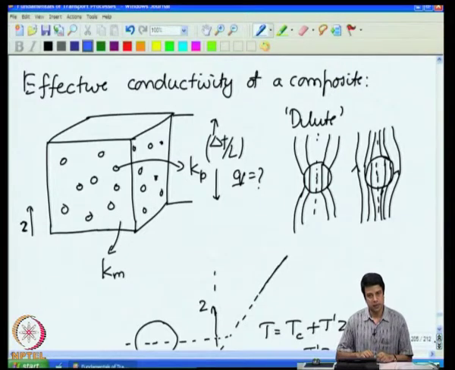If we had just a particle in an infinite medium, one would expect that this disturbance would be significant over a distance comparable to the particle radius itself. Therefore, if the distance between particles becomes large compared to the radius of a particle, the disturbance in the temperature field due to one particle will not significantly influence the temperature field around another particle. And therefore, we can solve for the temperature field due to a single particle alone and then use statistical averaging to get the effective conductivity of the composite. That was the procedure that we used in the last lecture.